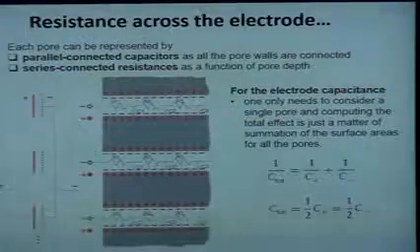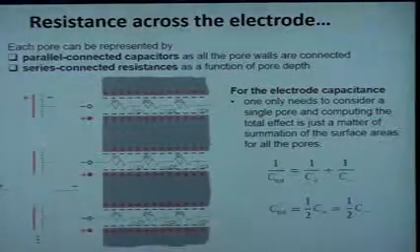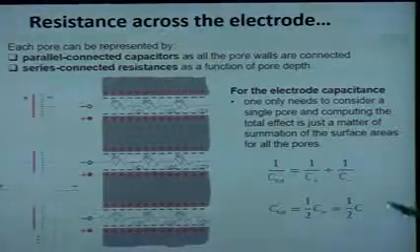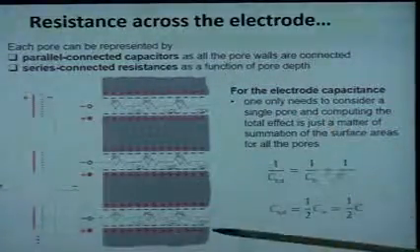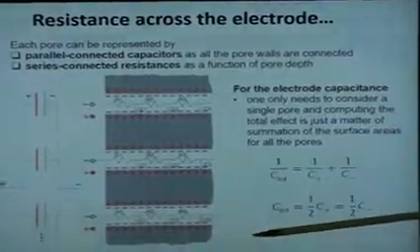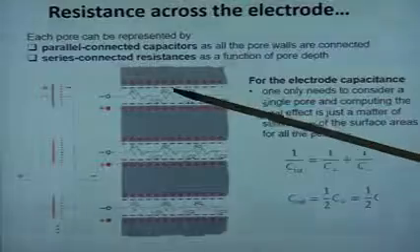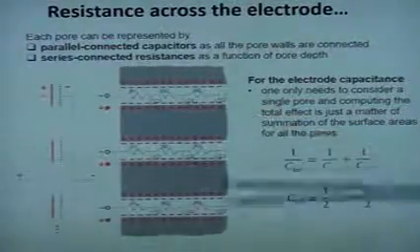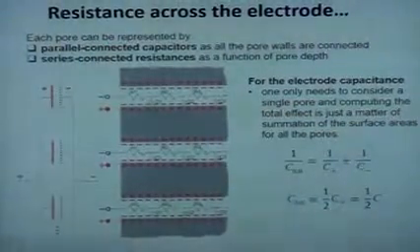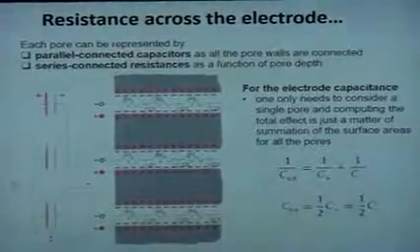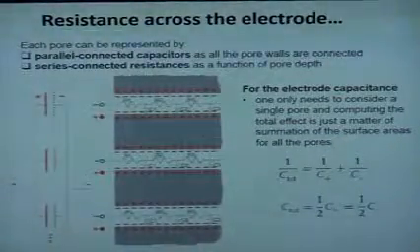Why is it important? If you look at the supercapacitor electrode architecture, this is one of the electrodes, and imagine that these are the pores of the electrode. Across each pore there are capacitors, because individual ions on the surface of the electrode are nothing but a pair of positive and negative charge.